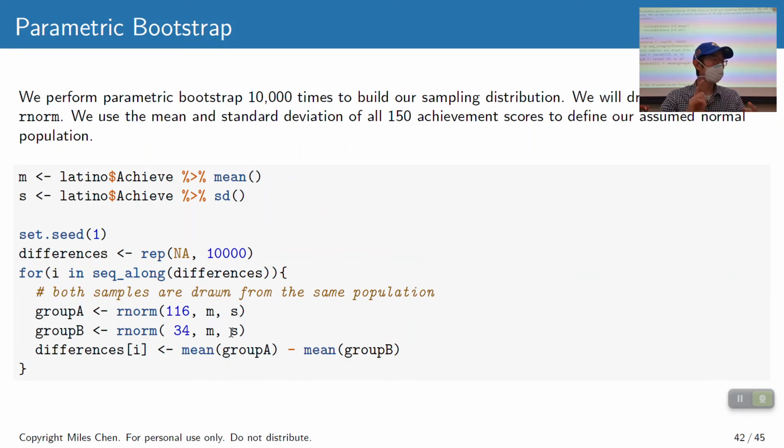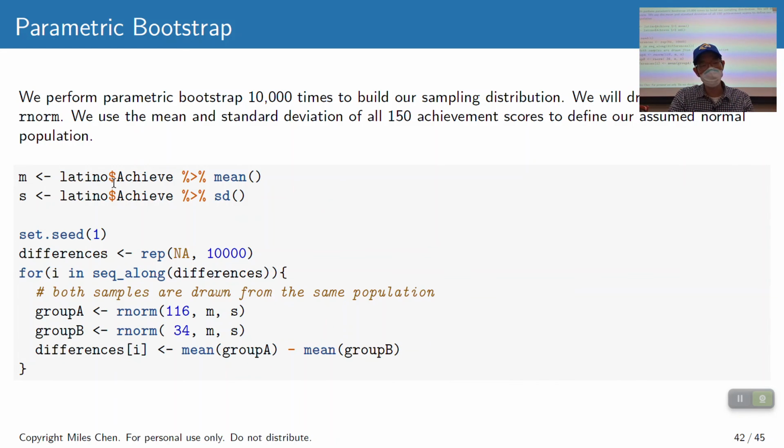So I need to say, what mean should I use and what standard deviation should I use? I'm going to use the mean of all 150 values, not separated by whether they came from Mexico or some other country. We're just going to put all of them together and calculate the mean.